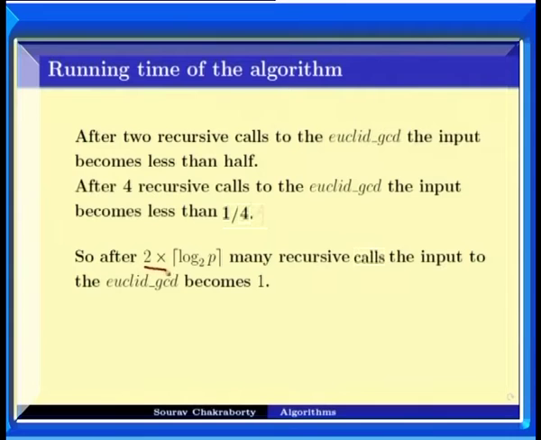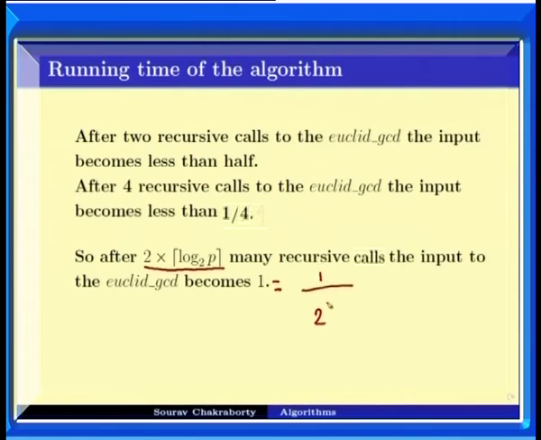Thus after 2 times log P base 2 many recursive calls, since every 2 recursive calls it is halving, what will the input be? The input would have completely exhausted itself. So where does this come from? Note that for every 2 recursive calls it is halving, correct?